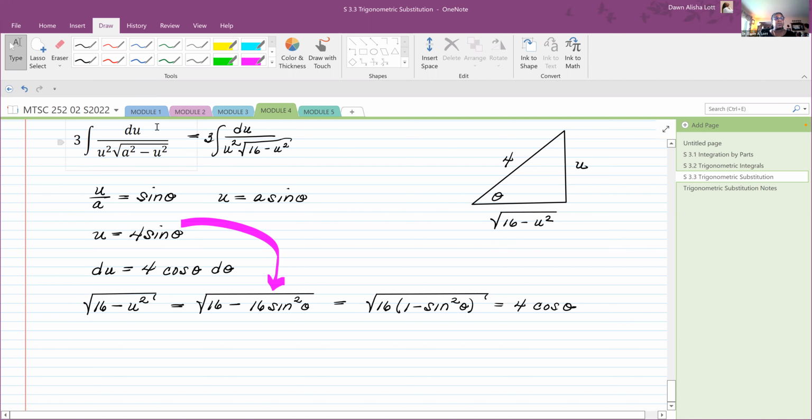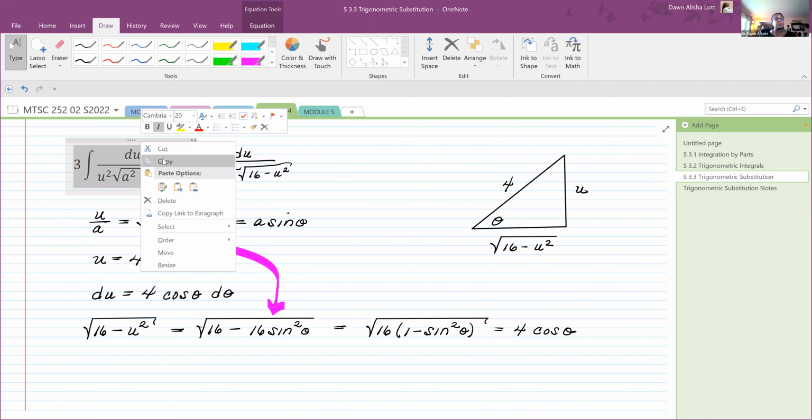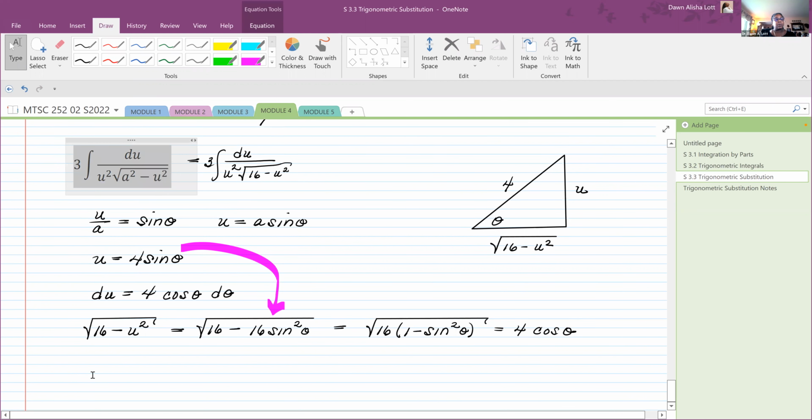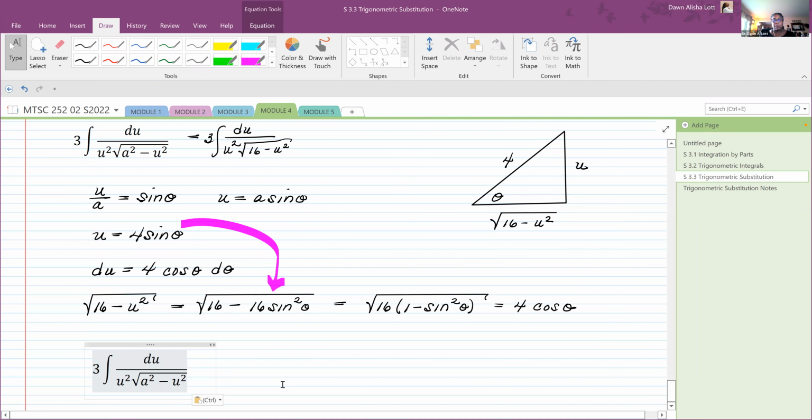So let's take this integral and substitute everything in. In the place of a squared, I'm going to put 16.